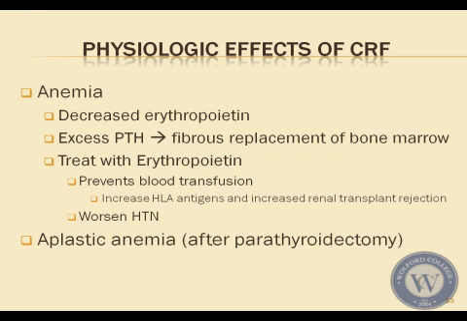Treat these individuals with erythropoietin because they're not producing it adequately. This hopefully prevents blood transfusions, which increase the renal transplant rejection rate if you have to give people multiple blood transfusions, and worsen the hypertension. Aplastic anemia after parathyroidectomy may also develop in these kinds of individuals.